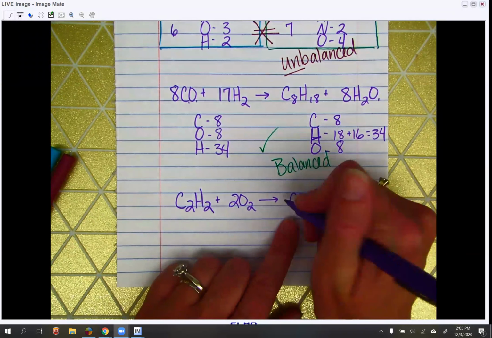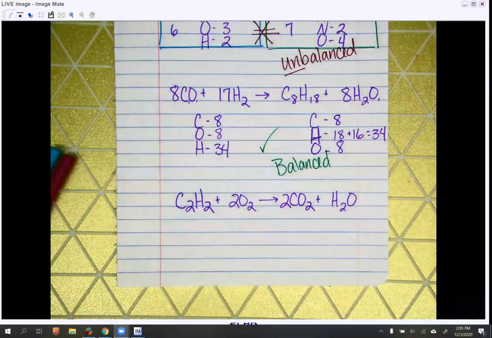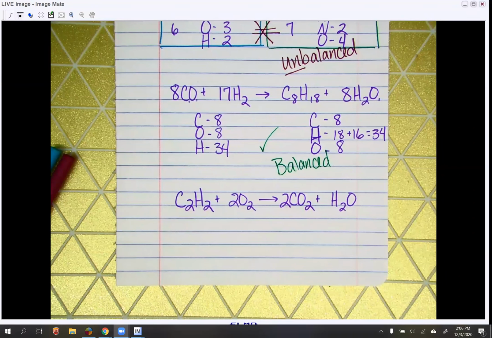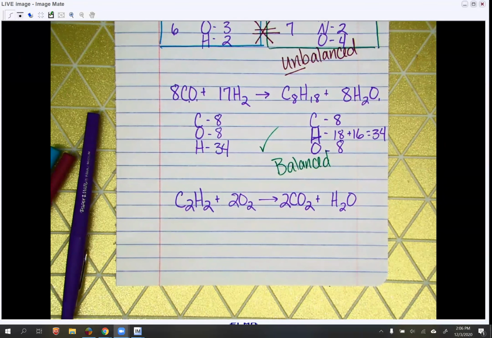Oops, I'm sorry guys, there's supposed to be a 2 here. I apologize. 2 carbon dioxides and a water. So I'm gonna let you try to do that one on your own from the start. And I'll put our poll up there again.